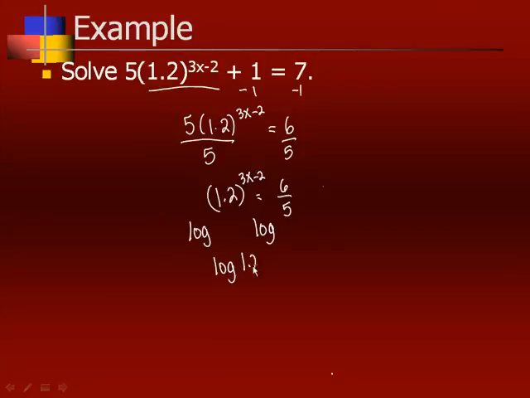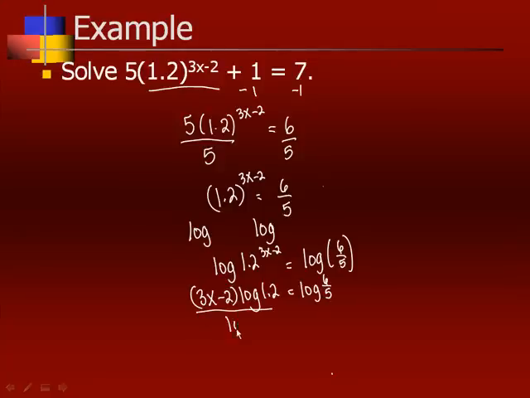So we would get the log of 1.2 to the 3x minus 2 equals the log of 6/5. So now the 3x minus 2 comes out front, so we get 3x minus 2 times the log of 1.2 is equal to the log of 6 over 5. Now we can go ahead and divide both sides by the log of 1.2.